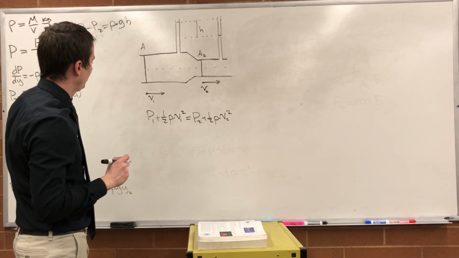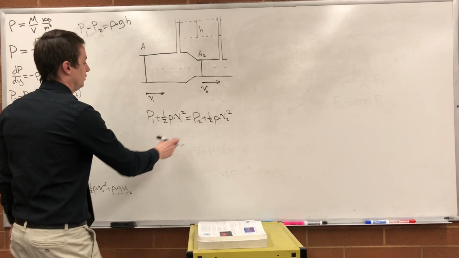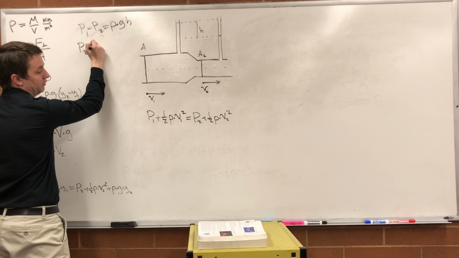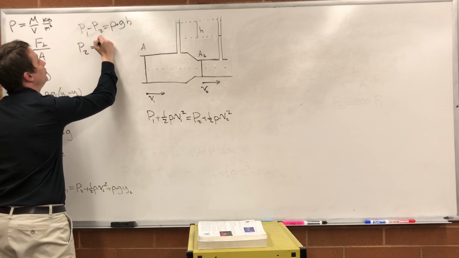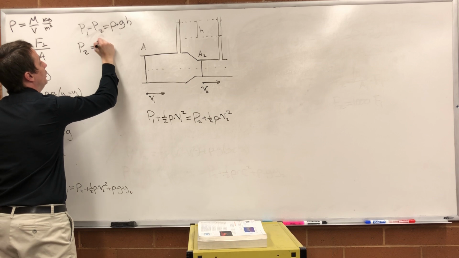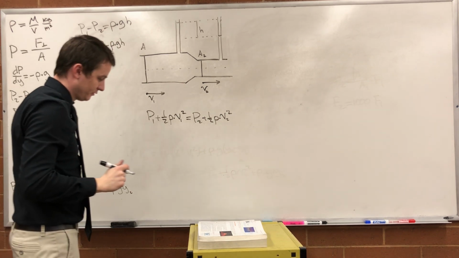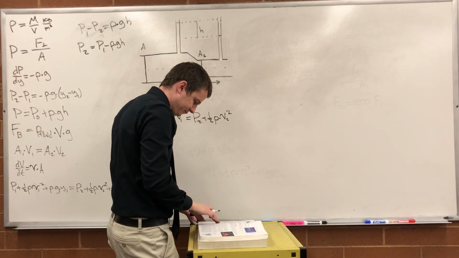And so which one do I want to substitute out? Maybe substitute out the P2. So I'll say that P2 is equal to P1 minus rho times g times h. Right? Yeah, that makes sense.